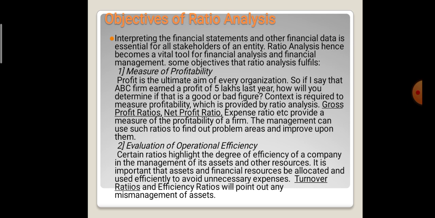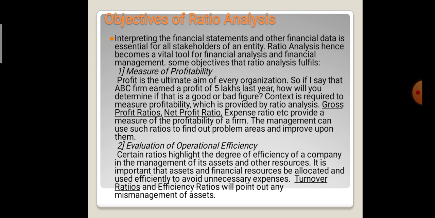The first one is that it acts as a tool for the measurement of profitability. Profit is the ultimate goal of every business organization. For example, ABC firm earned a profit of 5 lakhs last year. How will you determine if that is a good or bad figure?